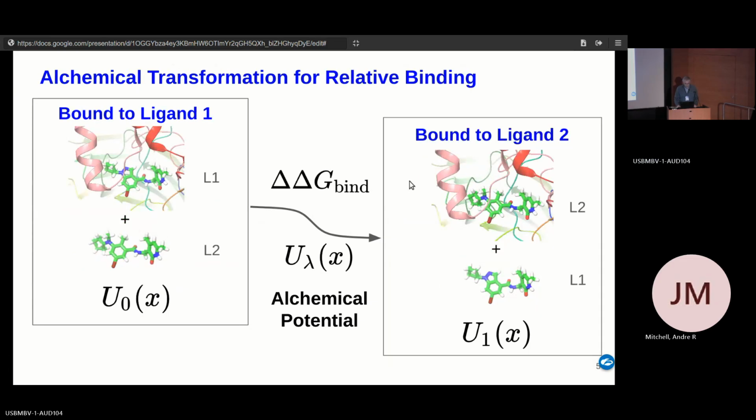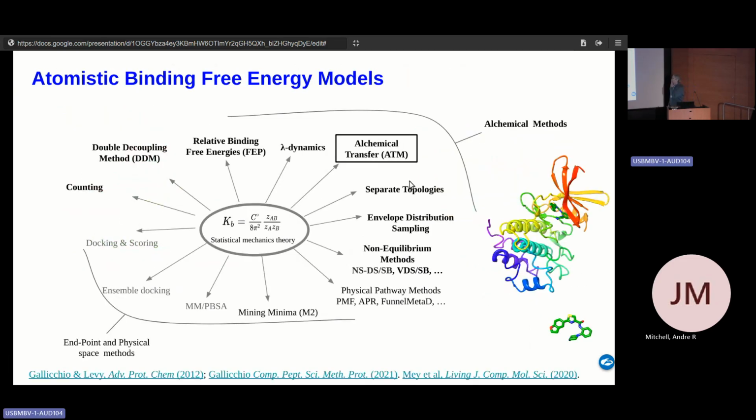Okay. So one thing I want to mention is that, of course, there are lots and lots of free energy methods, even talking about drug discovery. The way I like to think about it is that all these methods come from a single statistical mechanics theory. So when we compare methods, the first thing we ask is, do they give the same answer? The first question one should ask is, do they reflect the same theory?